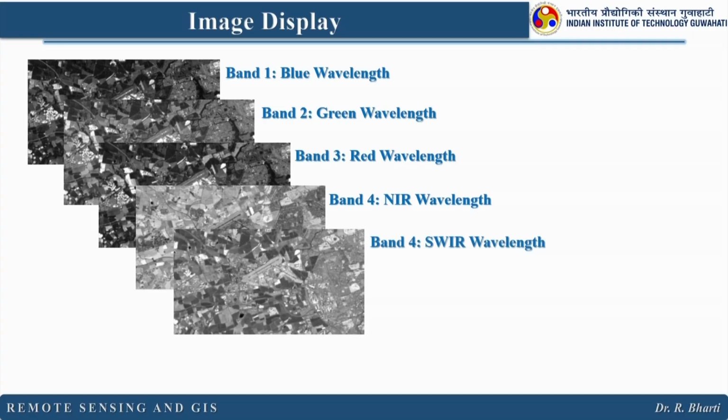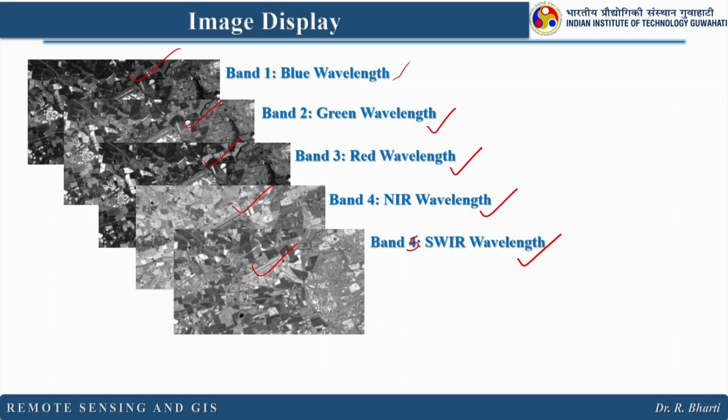You have already seen this: for the same area, you have different bands, for example band 1, band 2, band 3, band 4, band 5, captured in blue wavelength, green wavelength, red, NIR and SWIR. Their information is different, but here we are looking at them individually.